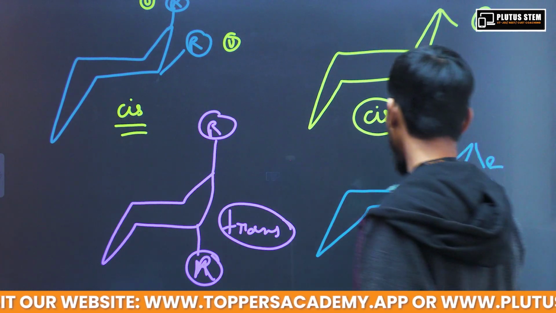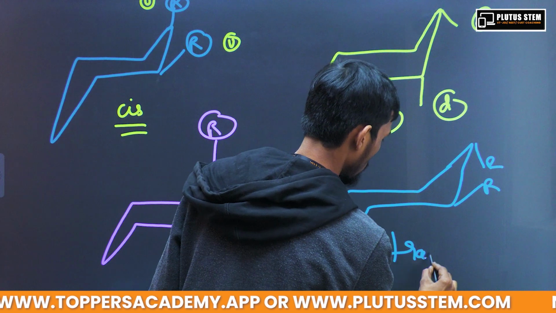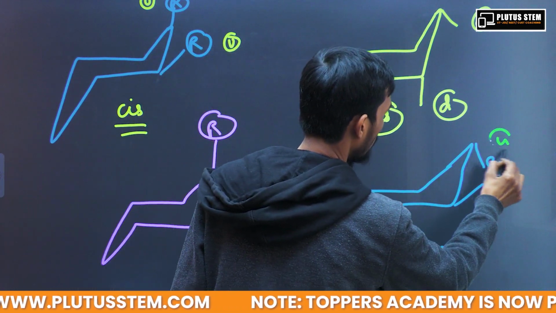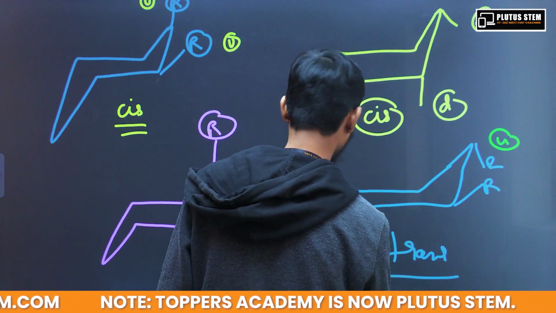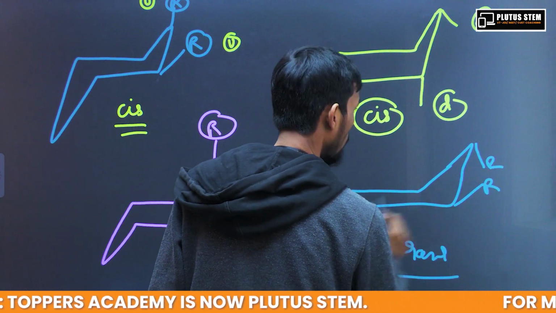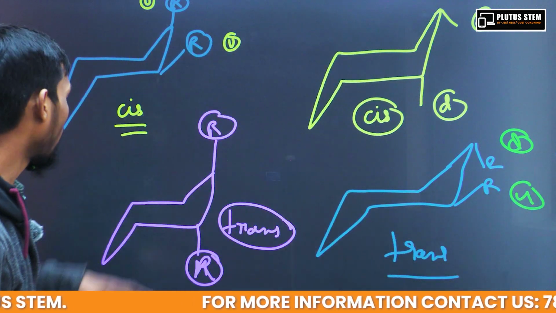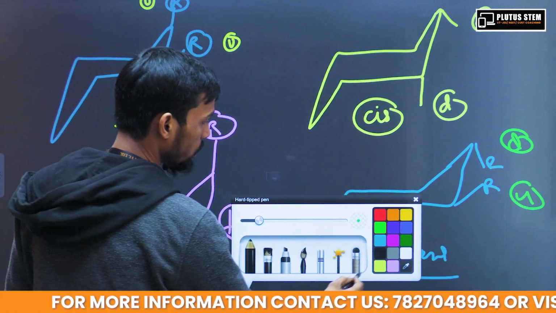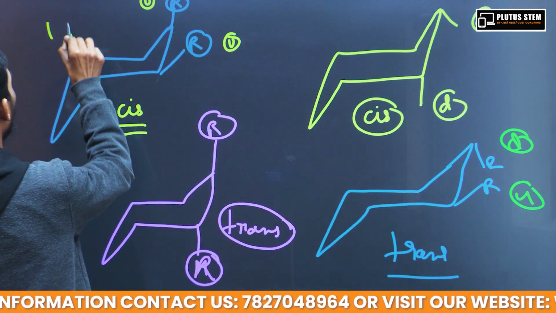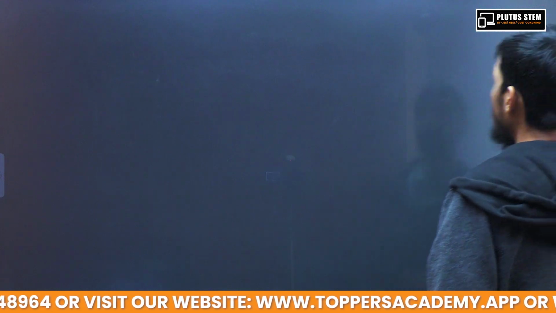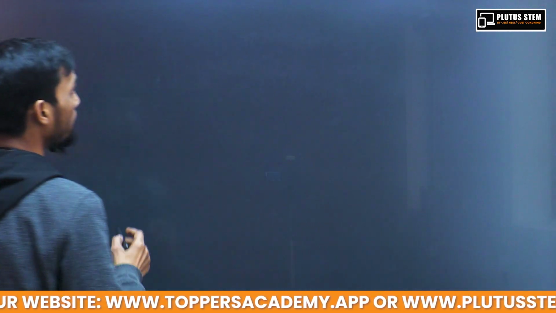This one is also a trans. Down and up. So this is the way when these are at 1 and 2 position. This is for 1, 2 position. In a similar way, we can also visualize the same concept at 1, 3 position.